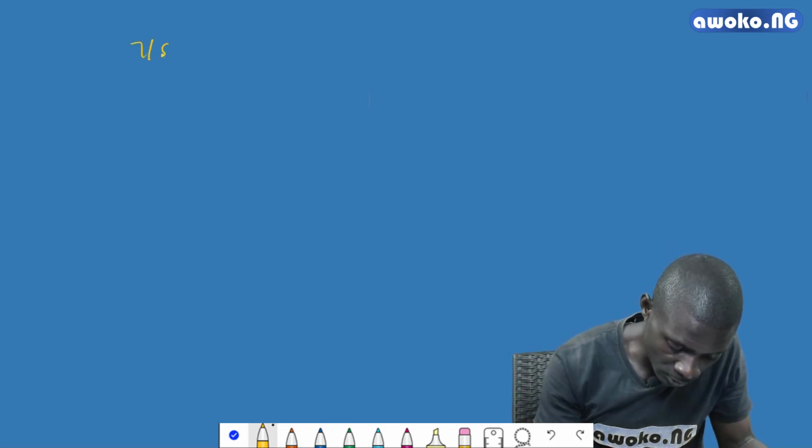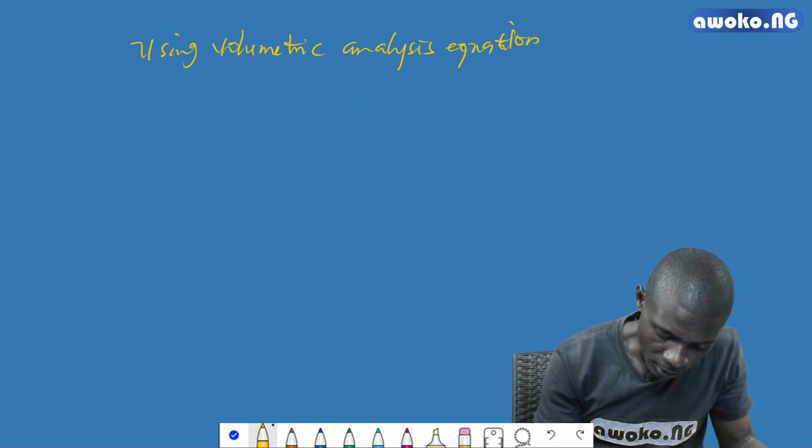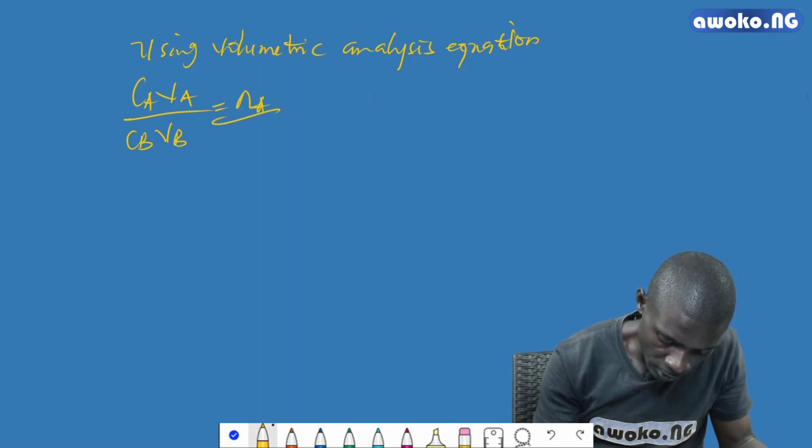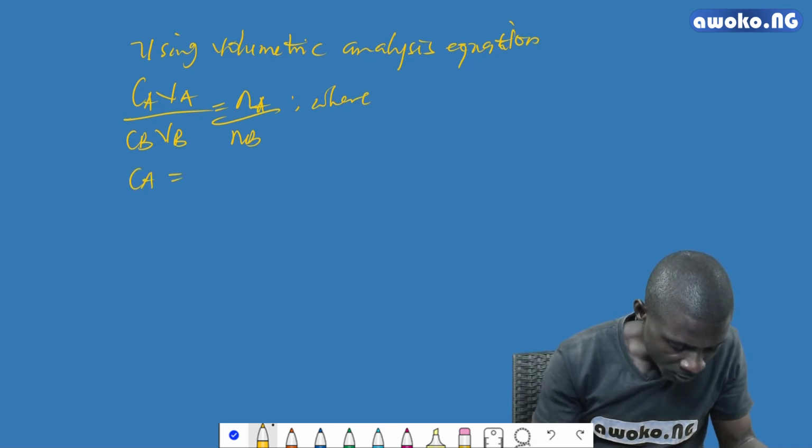So using the volumetric analysis equation, we have Ca Va over Cb Vb equal to Na over Nb. Here, Ca is the molar concentration of the acid, the unknown that we are asked to find.